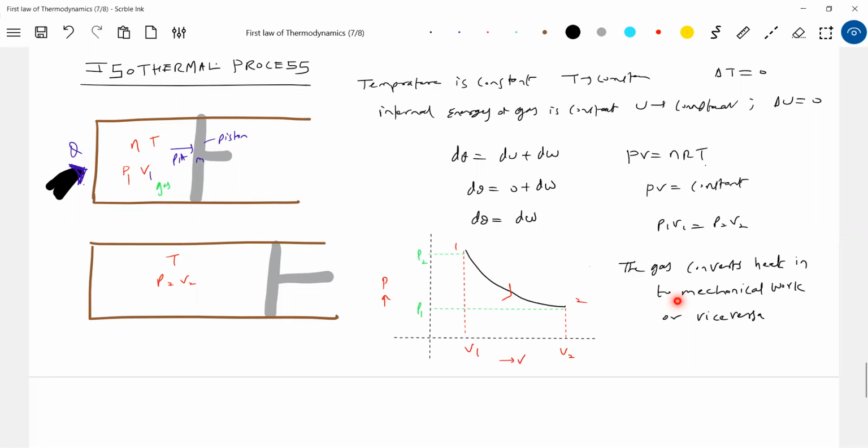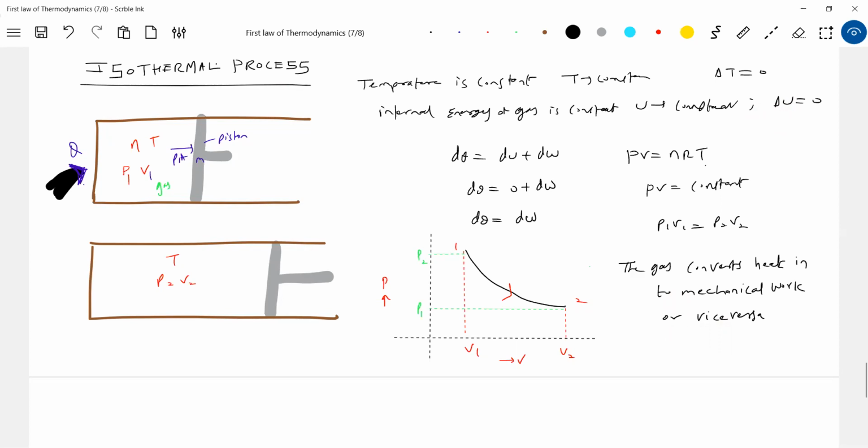To keep internal energy constant, we take the isothermal process. I can bring a process where internal energy is constant, but it will not be an isothermal process. So just a mere sentence in the book, what happened? Don't repeat that. What is the use of that is what we are learning here.